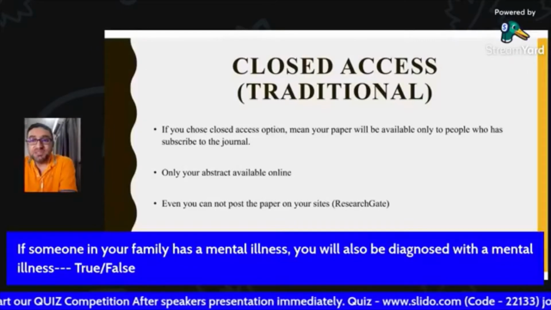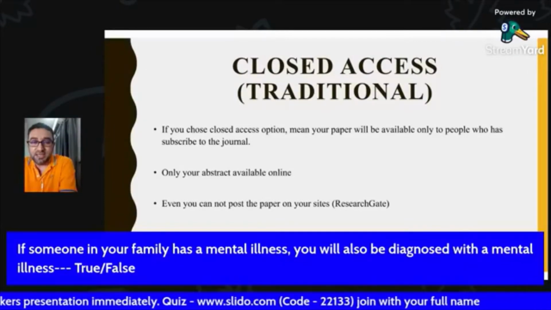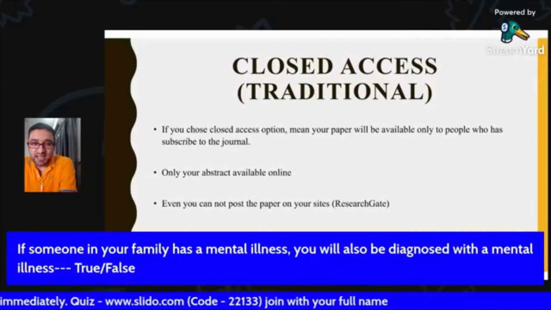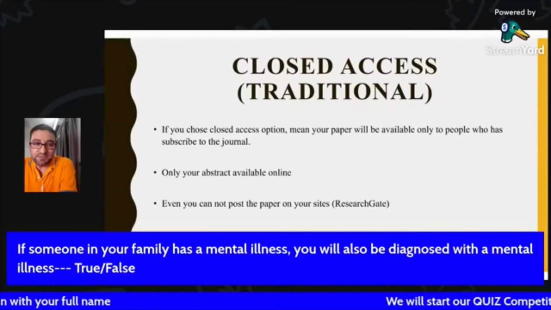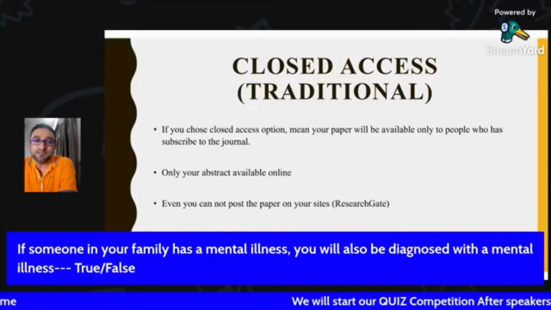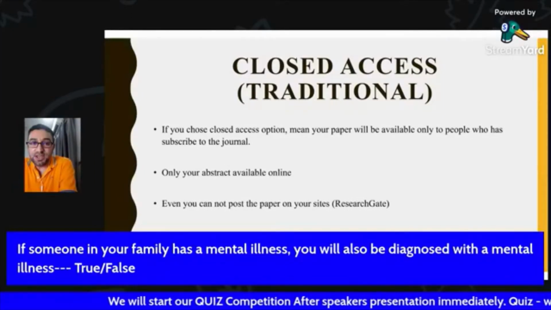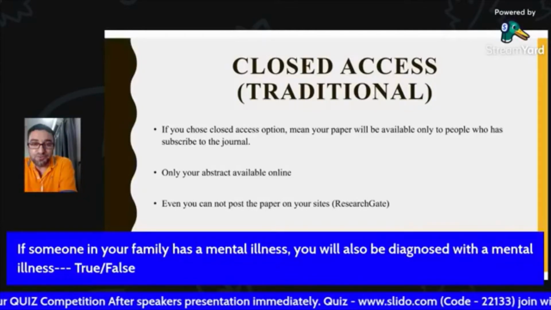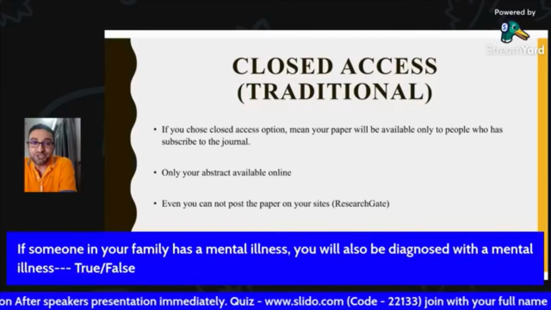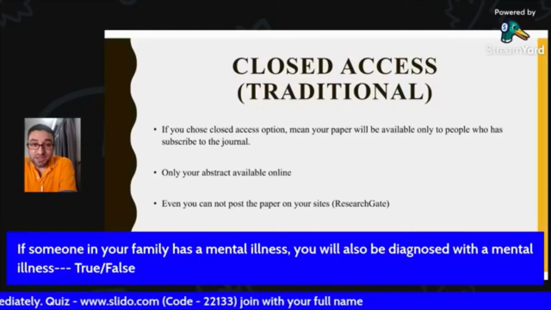So what is closed access? Closed access means it's closed. No one can access it unless they have a subscription to the journal. Sometimes it's not an individual subscription but an institutional subscription, meaning that not only you need a subscription, but the library of your university needs to purchase a subscription, which is not cheap. It's very pricey.